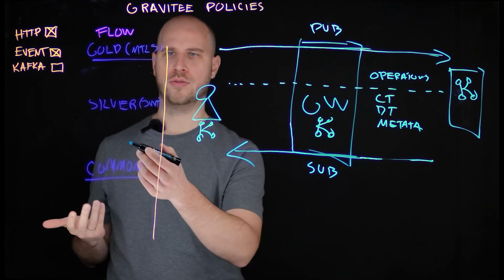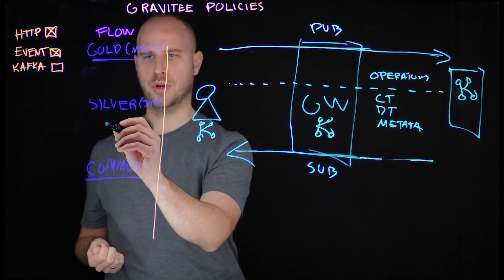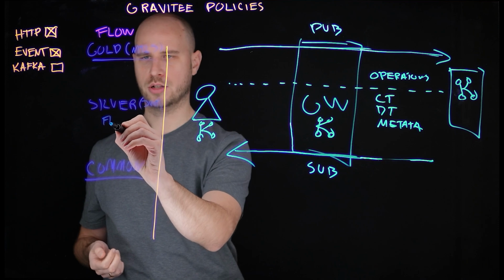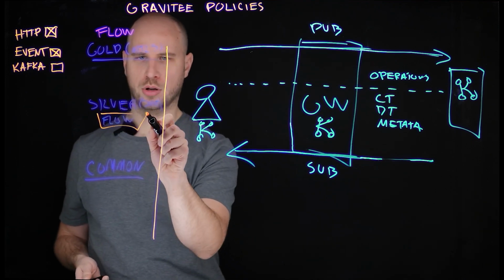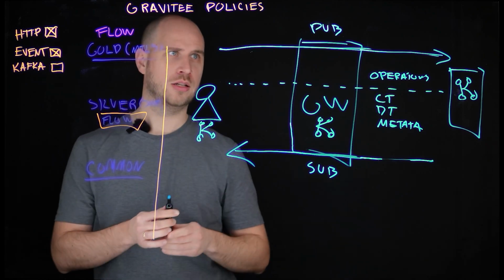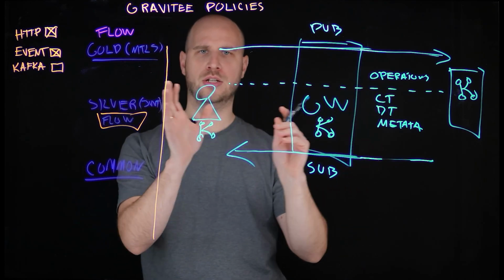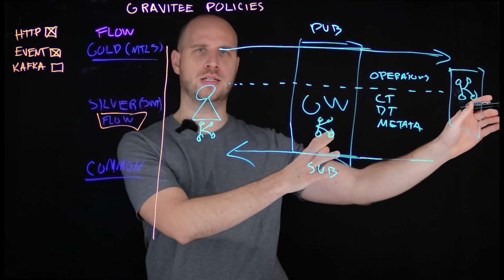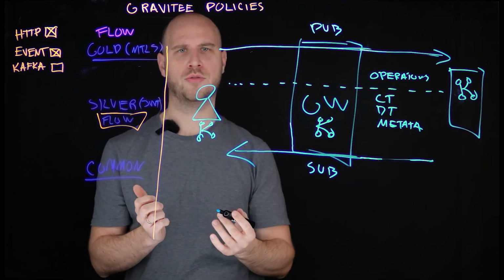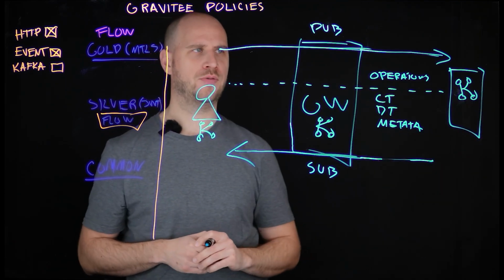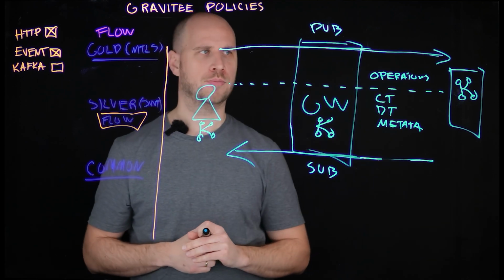So let's say we have a silver flow here. I'm just going to call that flow 1 or something like that. And that is ultimately what we will be creating policies for here. So as I said, you can do policy application when a client is publishing messages into Kafka. You can apply policies when clients are subscribing to data from Kafka, and you can apply specific operational policies.